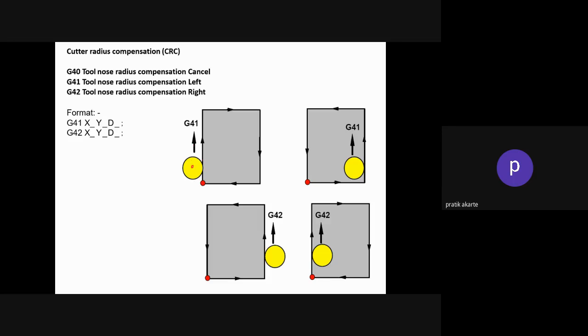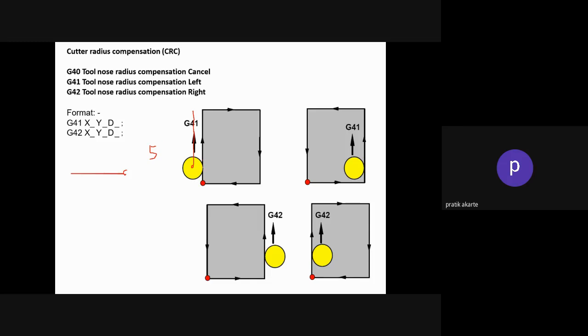The machine usually follows the path specified, passing through the center of the cutter. Let us say the radius of the cutter is 5 millimeter. And you don't give this command, or you forget to write the G41 command. So what happens?